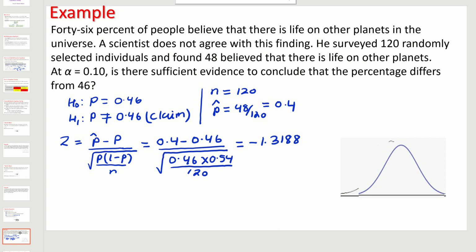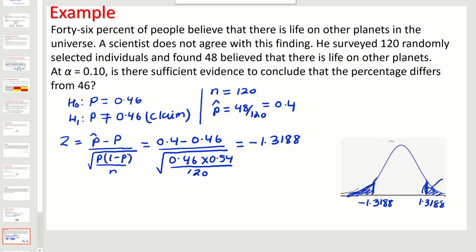Now, this is a two-tailed test, so we are looking at the area on the two tails of the normal distribution as our p-value. And for this, the test result is negative 1.3188 on this side. So this side it will be 1.3188.